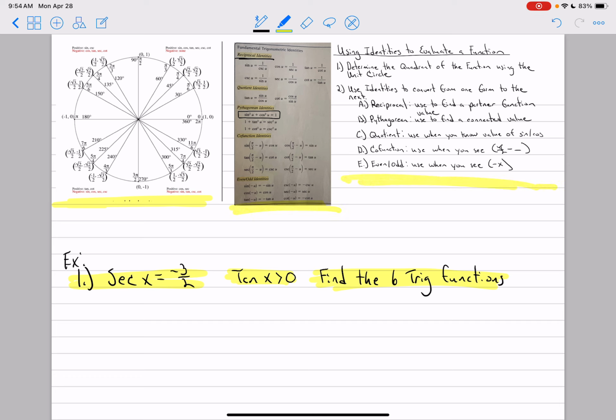So we're going to do this first one together because we're learning how to do this, all right? So step 1, what did it tell me to do? It says determine the quadrant using the unit circle. Okay, so I'm looking at this and I'm saying, well, I see that the secant is negative and I see that the tangent is greater than 0, which means it's positive.